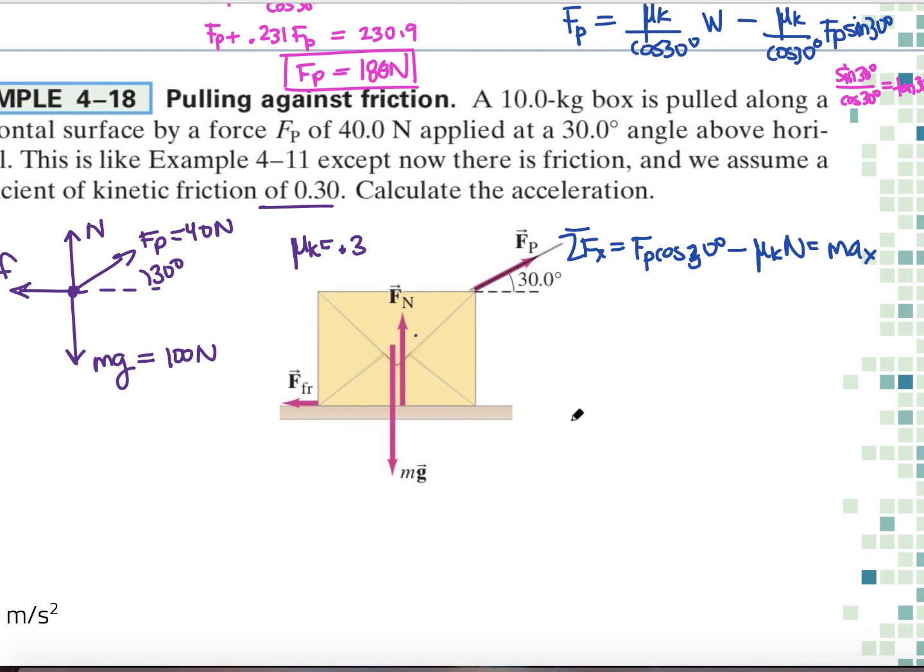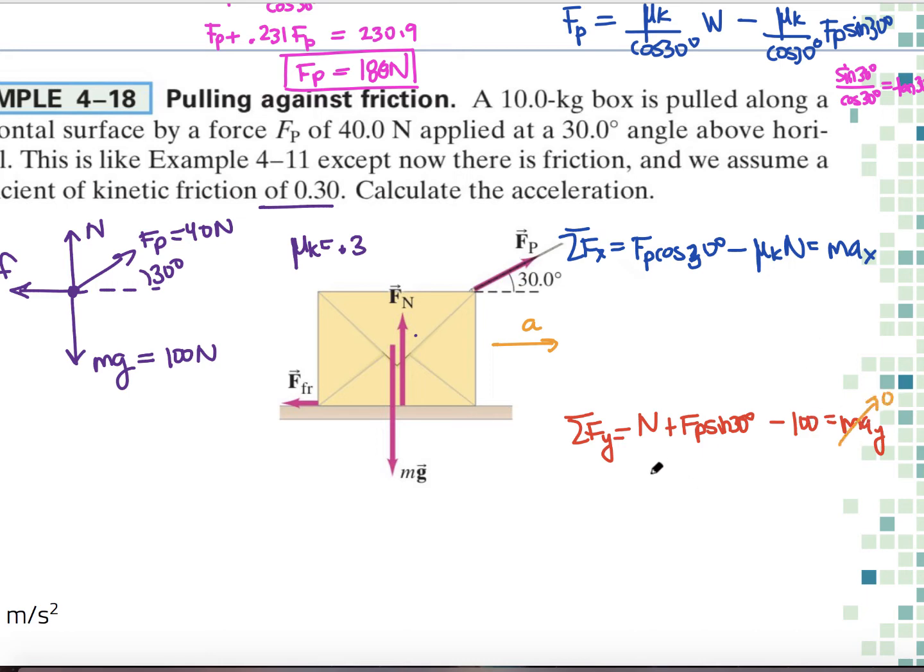I'm going to jump to the y for a minute. In the y direction, I have normal force plus Fp sine 30 degrees minus 100 equals may. Now, even though I'm accelerating, I am accelerating along the horizontal direction, so my y acceleration is still 0.